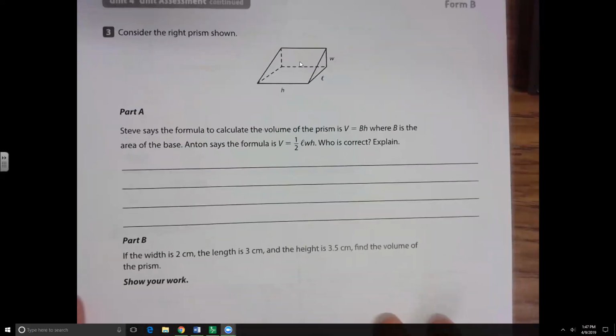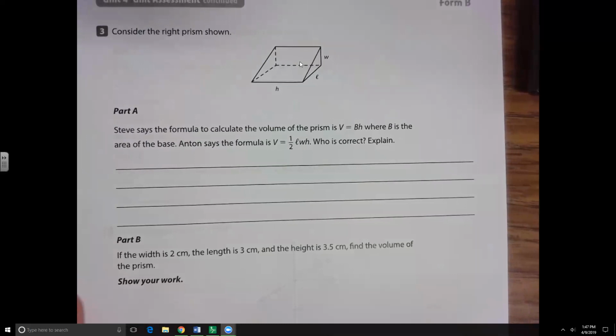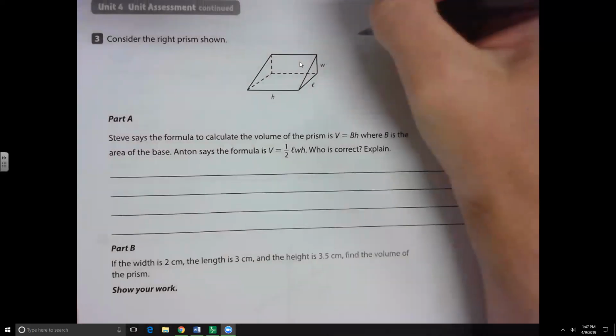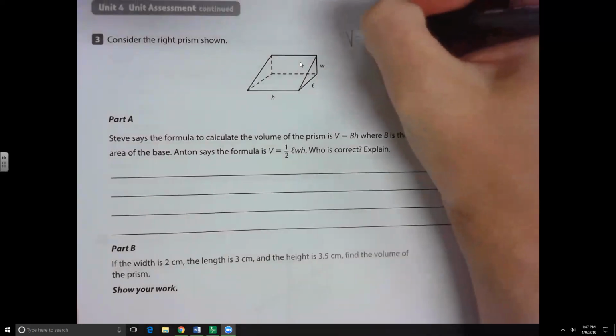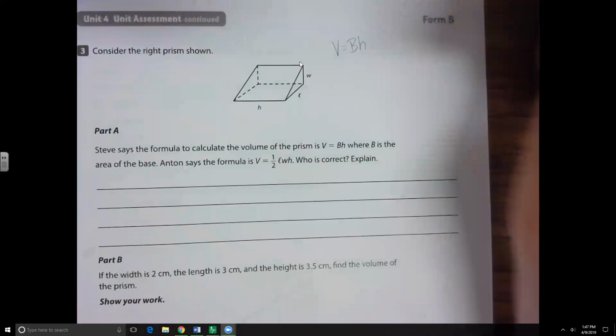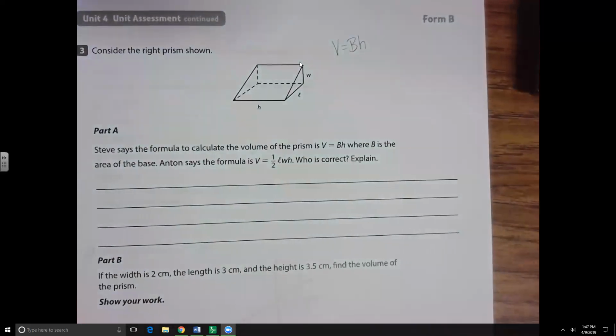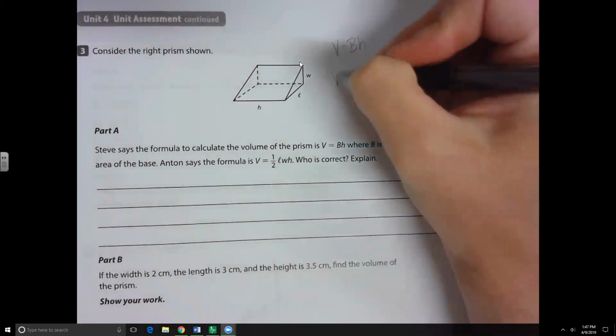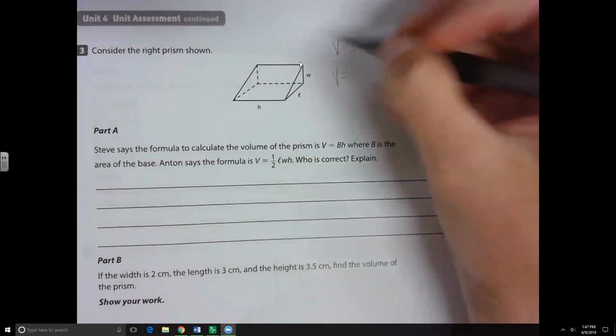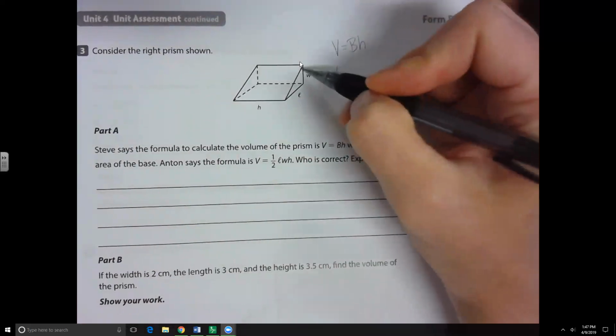Okay, if we look at number 3, Steve says the formula to calculate the volume of the prism is V equals B times H, where B is the area of the base, okay? So the area of the base times the height is the formula that Steve is going to use. Well, the area of the base I have to find from this prism.